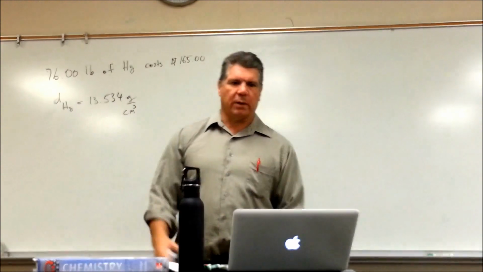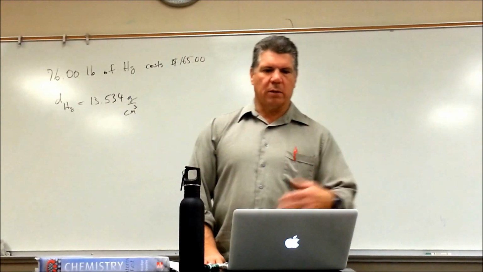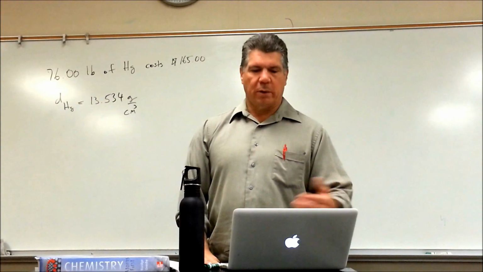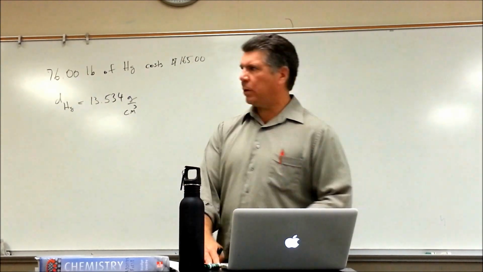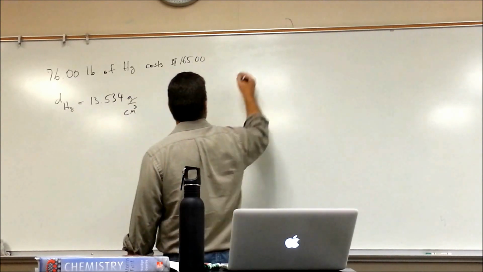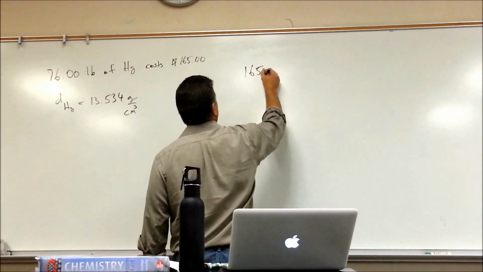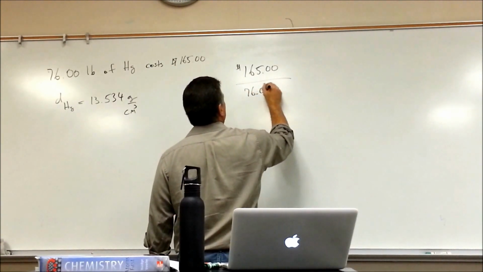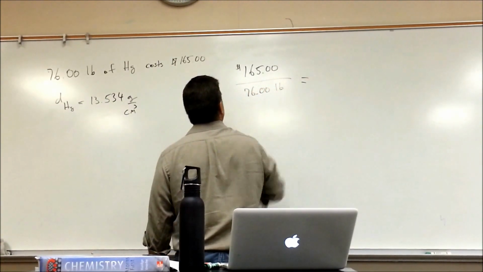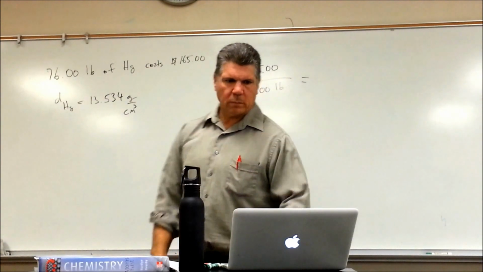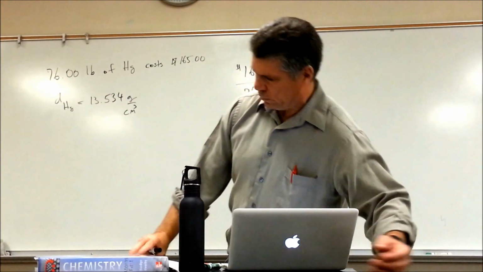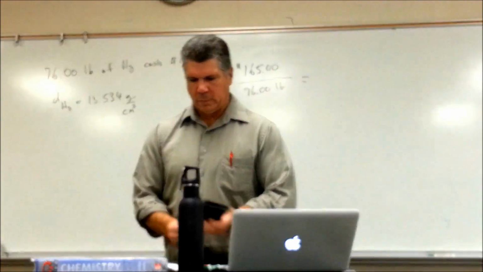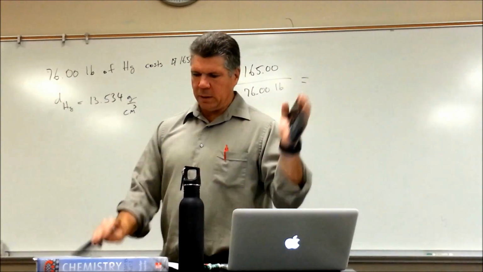So they basically tell you the density of mercury and the cost per 76 pounds. They want to know, first of all, how much 1 pound costs, and that's just the cost divided by the pounds, right? $1.94, point blah, blah, blah. I want to get the numbers in my calculator.